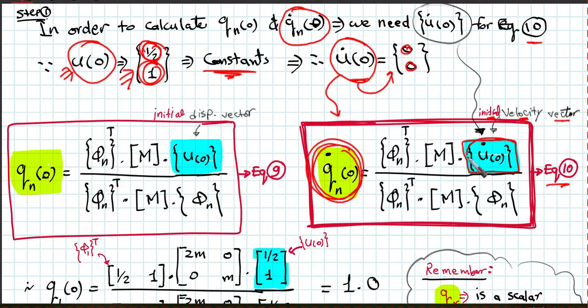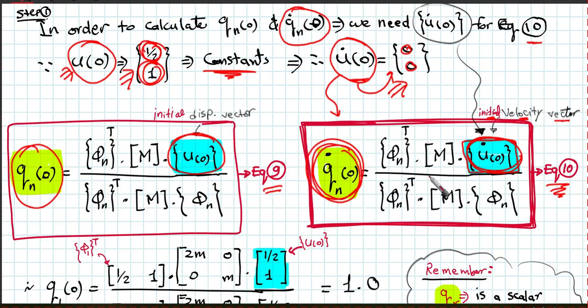So this is to obtain, as I said many times, q dot n. It is the contribution of the initial velocity vector through the mode shape itself, okay? And qn node is the contribution of the initial displacement vector through the mode shape under consideration. This is equation 9 and this is equation 10. Please revisit the previous lecture to understand where we got these modal coordinates from.